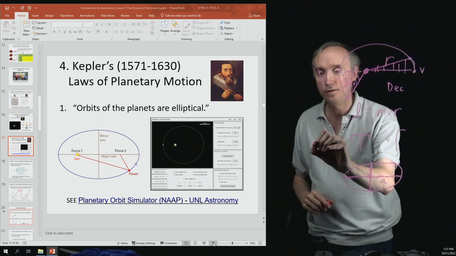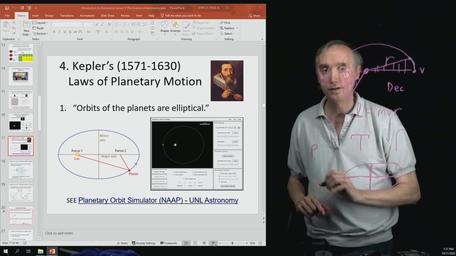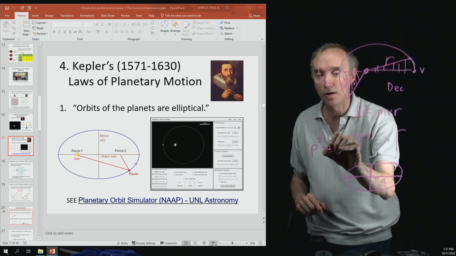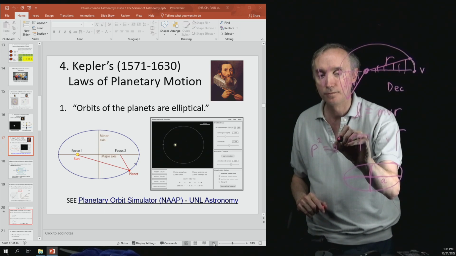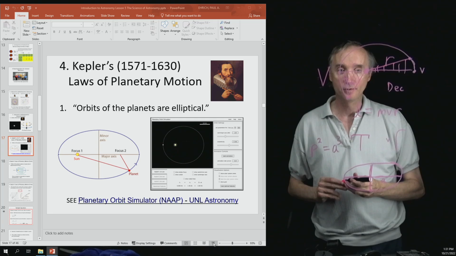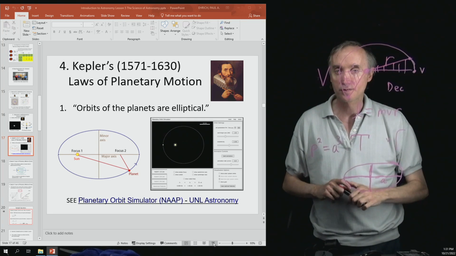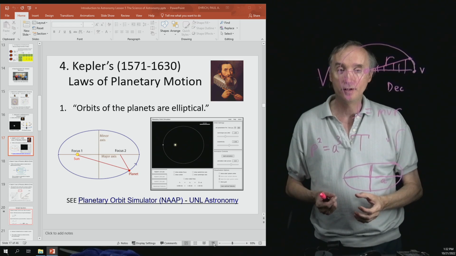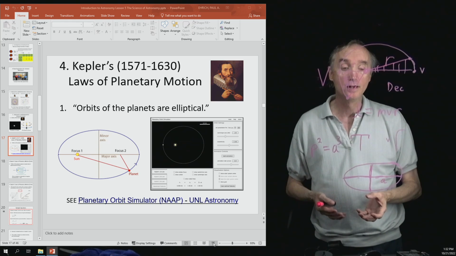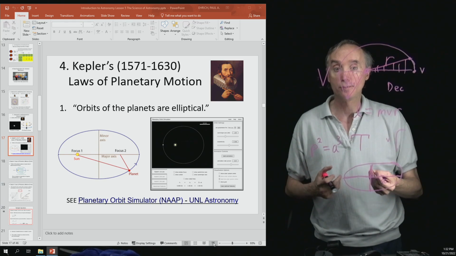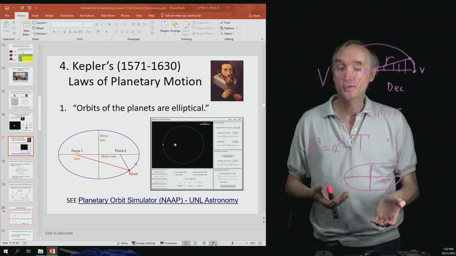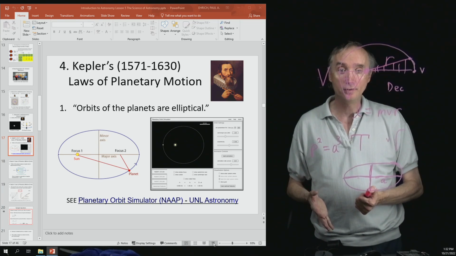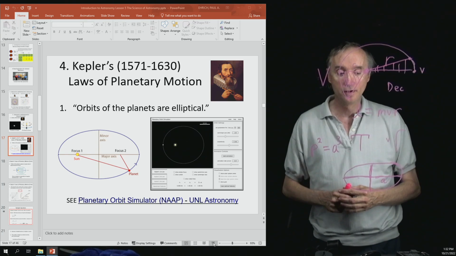You'll notice that they use the letter P instead of the period, so they say P squared, and instead of the R thing they use A, but it's still the same formula. So this formula here is the same as the one that I showed you. And so what you can do is you can change the R value and see how that changes the period, or you can change the period and see how that affects the R, and you can do the math with it and then verify it by using the simulation.